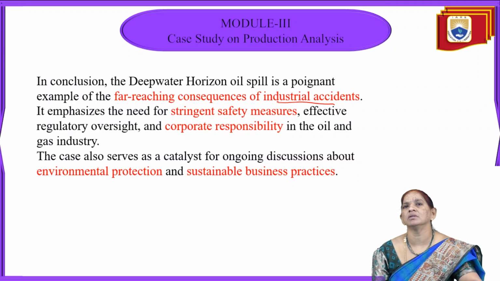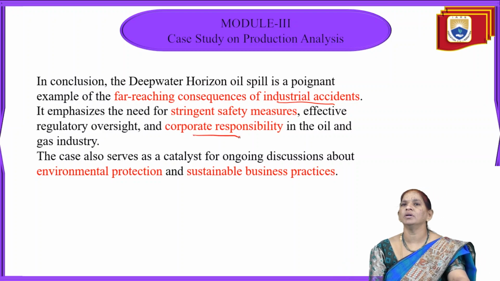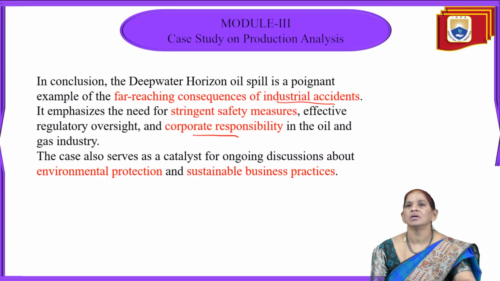Each and every consequence is related to this industrial accident. It shows the need for stringent safety measures. It means 100% of the safety measures have to be identified, with effective regulation, oversight, and corporate responsibility involved in the oil and gas industries.